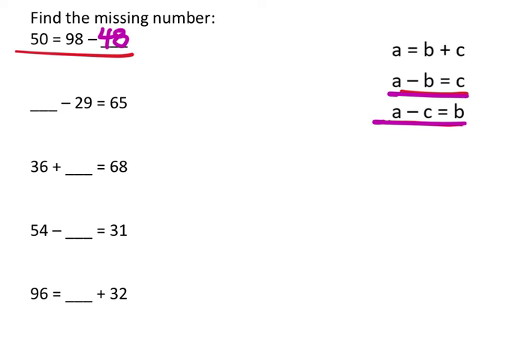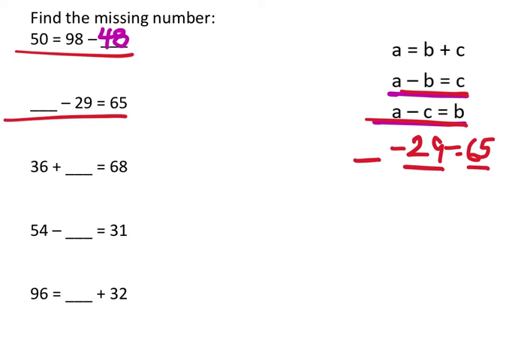I see I've got a subtraction problem, so I'm on either this one or this one: A minus B equals C, or A minus C equals B. And I've got something minus 29 equals 65. But I need these two numbers, the 29 and 65, on the same side.